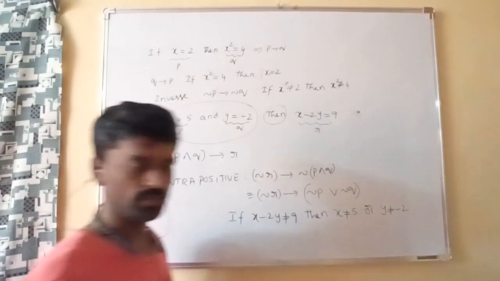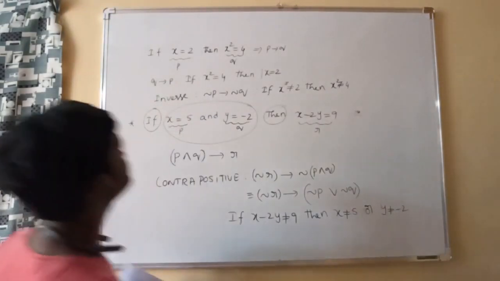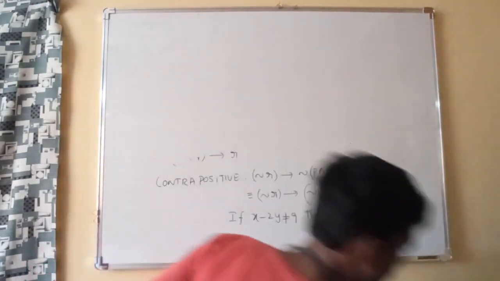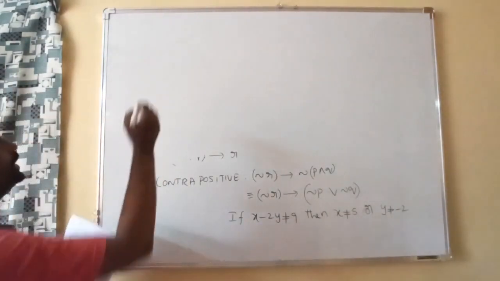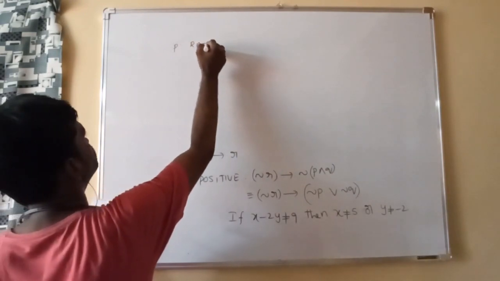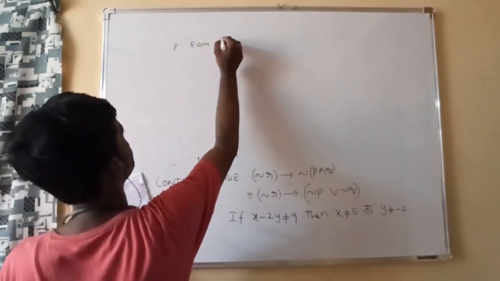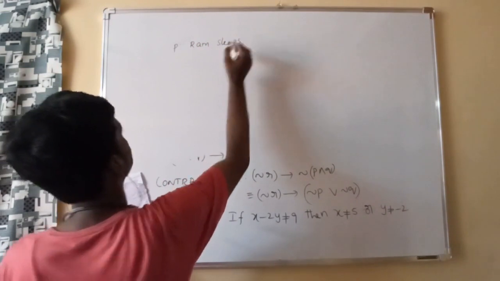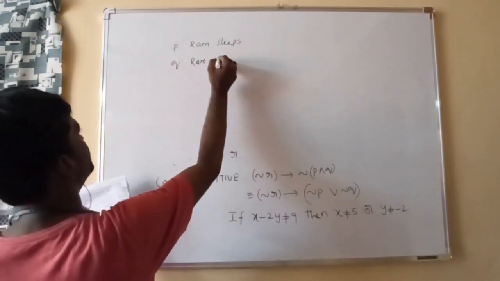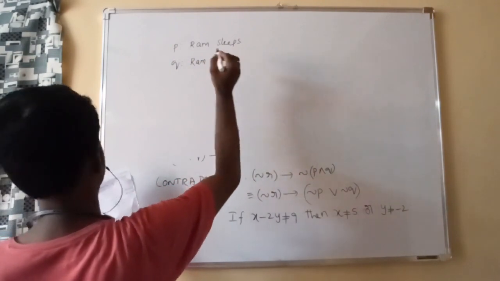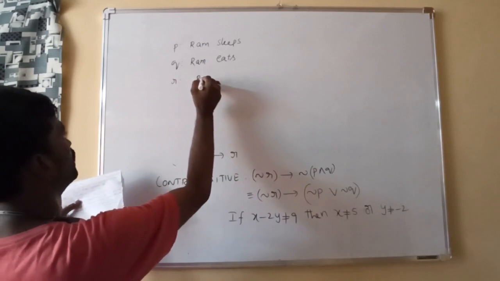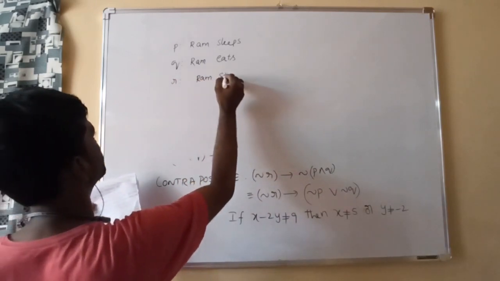So this is also a previous problem. It is given that the statement P is Ram sleeps, the statement Q is Ram eats, and the statement R is Ram studies.